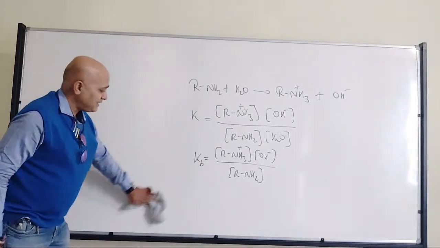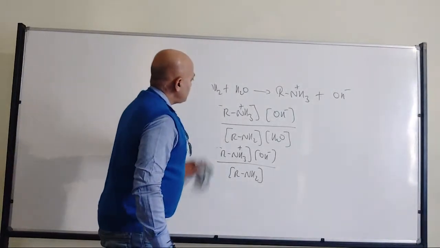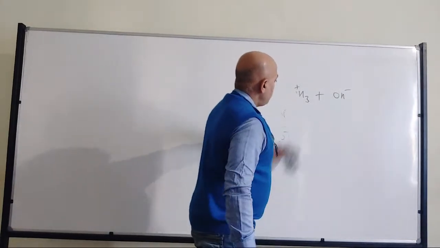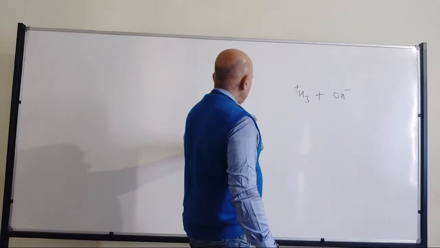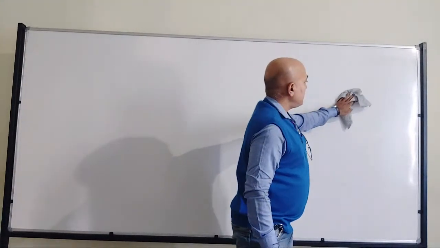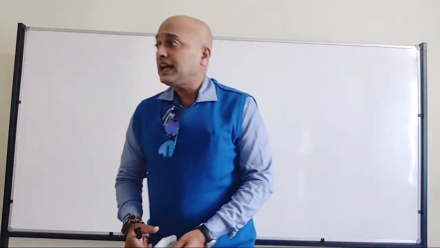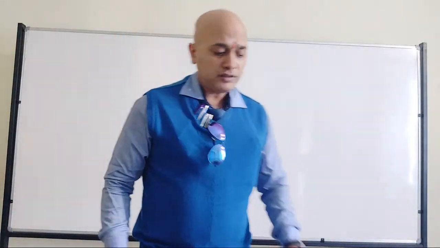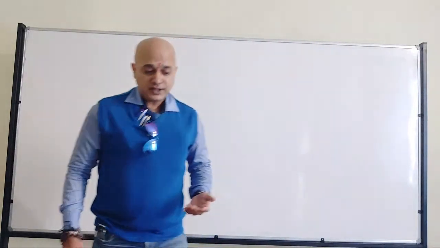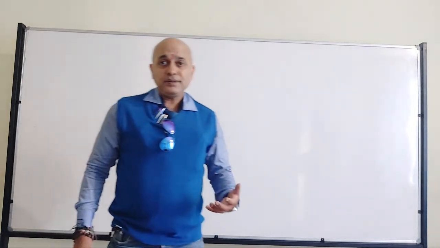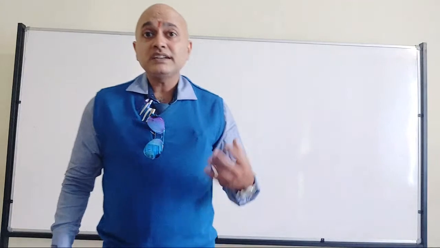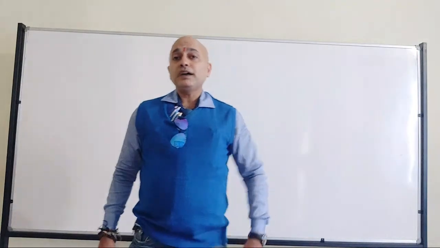When I consider ammonia, should the pKb value of ammonia be less than amines, or more than amines? If you have understood whatever I have taught now, you should tell me the value of pKb for ammonia compared with the amines.